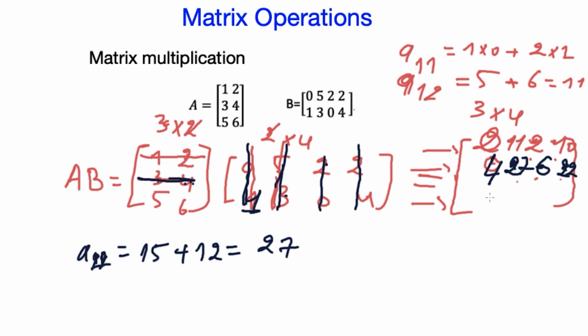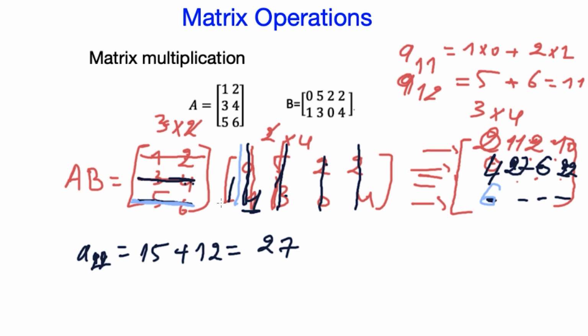And to get the last row, for this entry we multiply the last row with the first column. So it will be 5 times 0 plus 6 times 1, which is 6, so it will be 6.